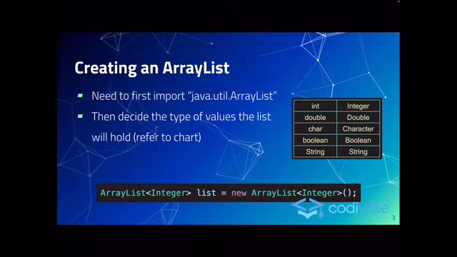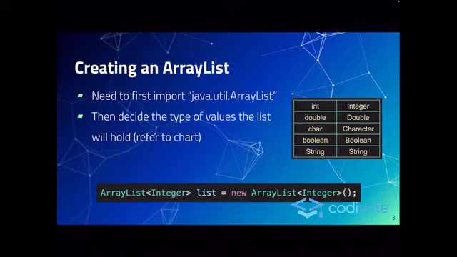Then you put an equal sign, new, using the new keyword to create a new object, and then you would use ArrayList, Integer, and then parentheses, and then a semicolon to initialize a new ArrayList that holds integers using the constructor.